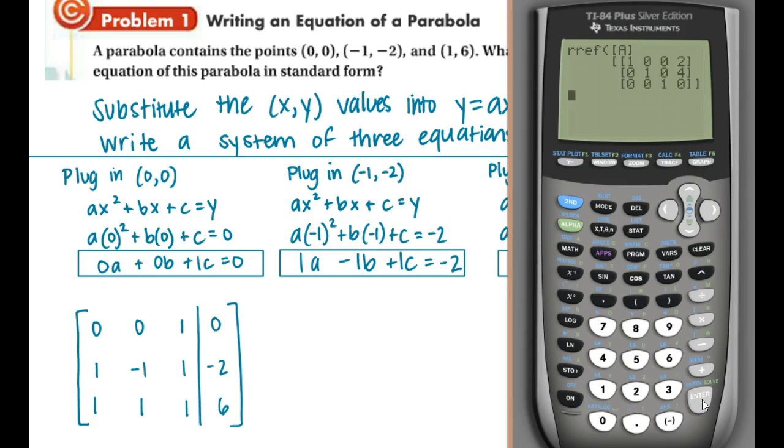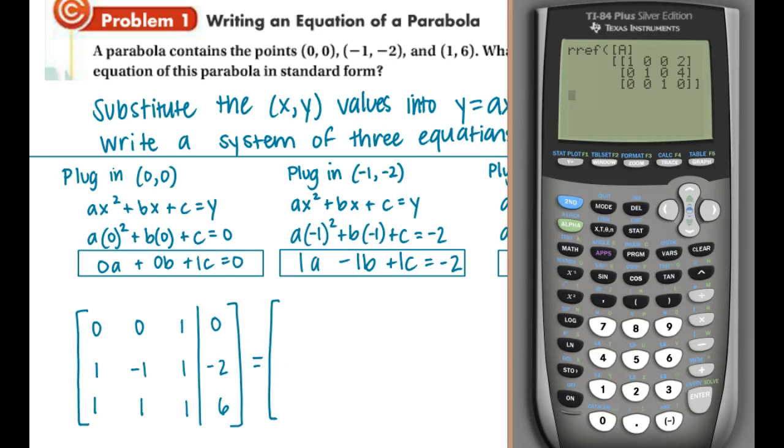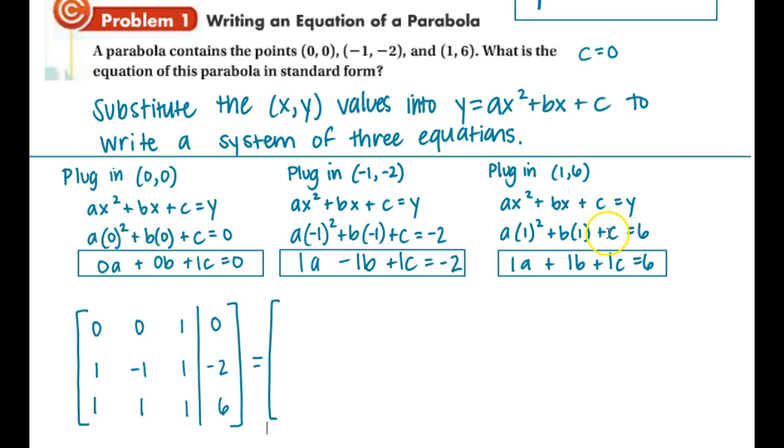And you can see here that we have our values for A, B, and C. They were 2, 4, and 0. And that agrees with our original hypothesis that the c value is equal to 0. So now that we know our values for A, B, and C, we can input those values in for our standard form.